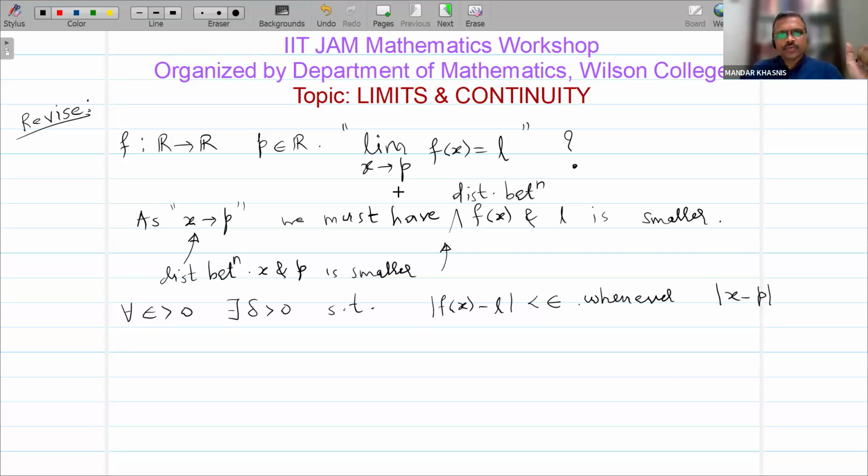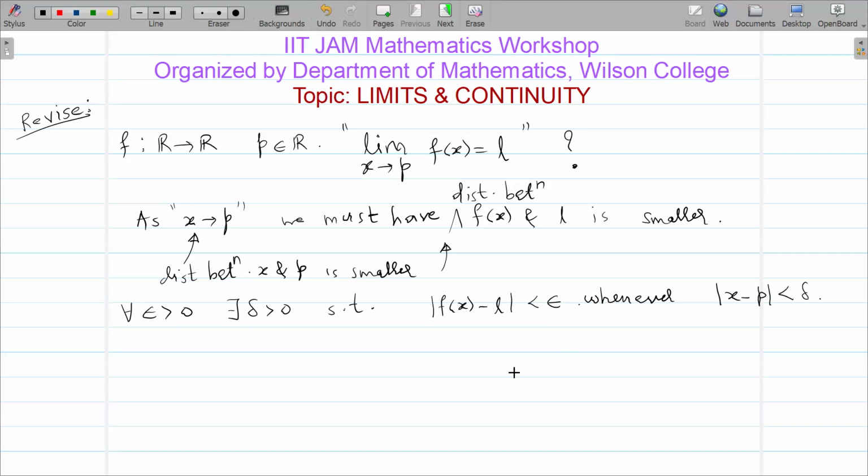In our case, suppose I'm using the symbol p, then modulus of x minus p is less than delta. Everyone agrees this is the definition, or does somebody still have some modifications?